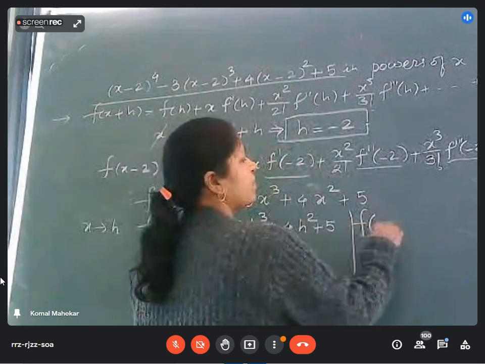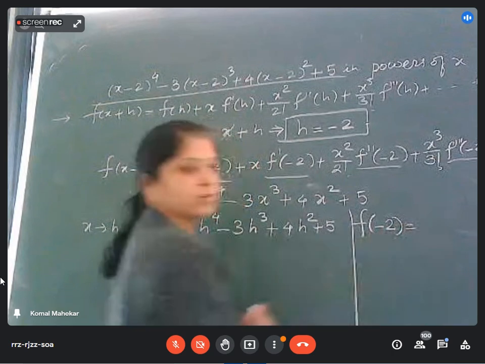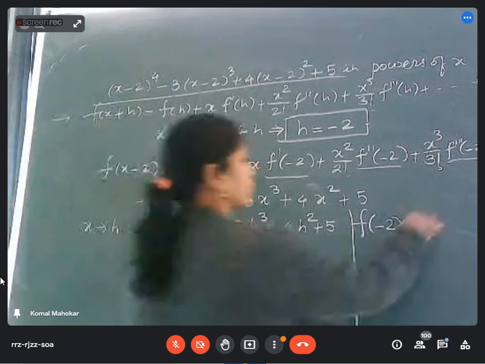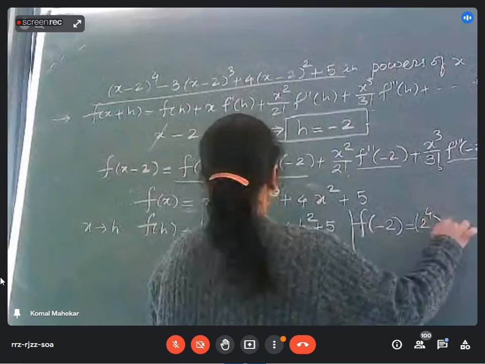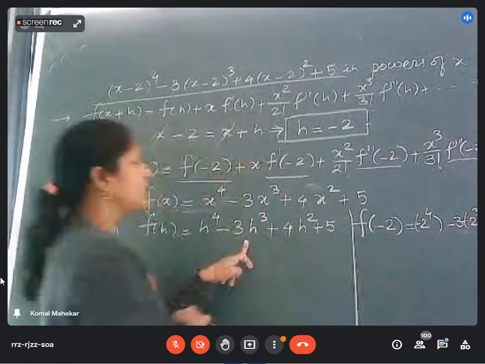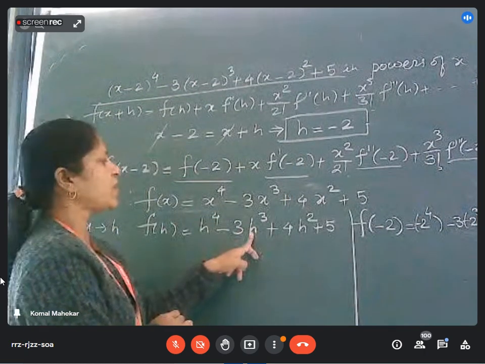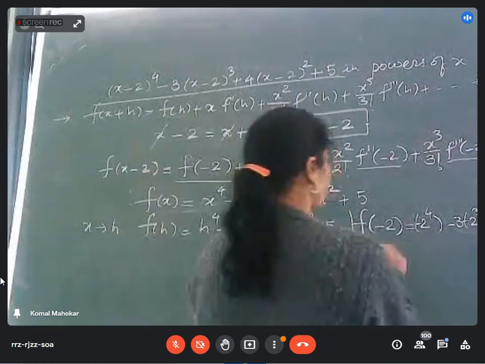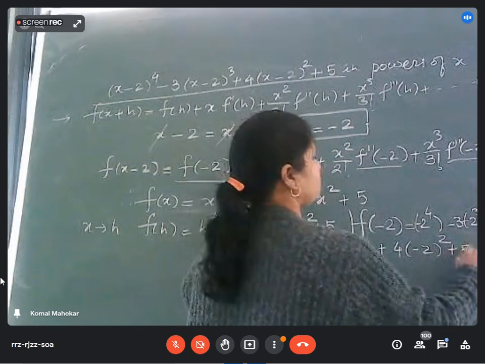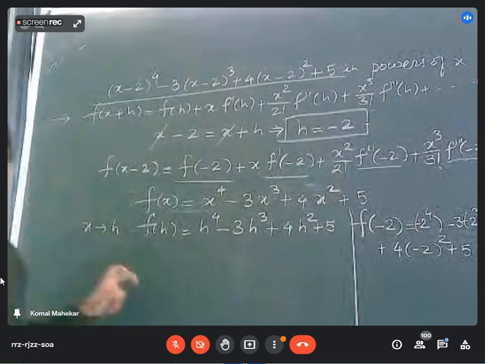Therefore, f of minus 2 will be equal to, you can carry out this calculation: minus 2 raised to 4 minus 3 into minus 2 cube plus 4 into minus 2 square plus 5. So find out f of minus 2.